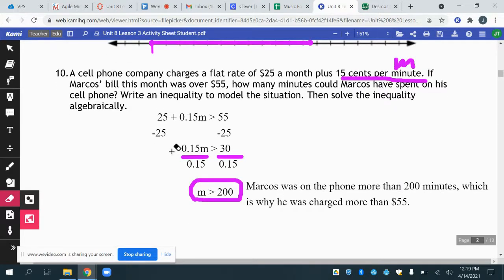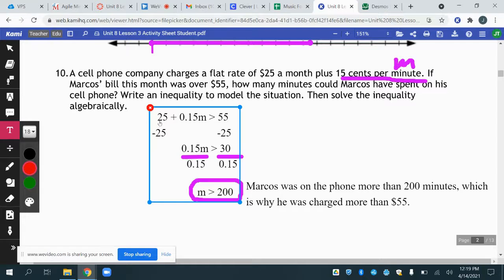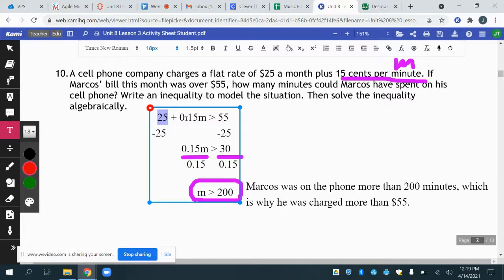And then we have a cell phone company. I did this earlier too. You're getting charged $25 a month plus 15 cents per minute, and he has a monthly bill that's over $55. So what I did is we said, here's how he gets charged, $25 plus 15 cents per minute, and the cost he gets charged is bigger than 55.